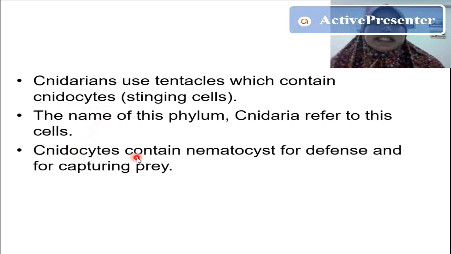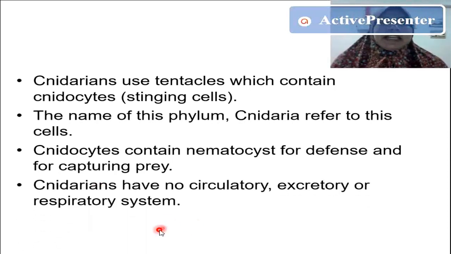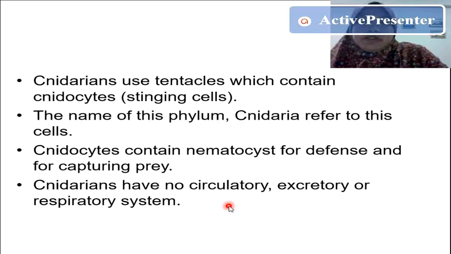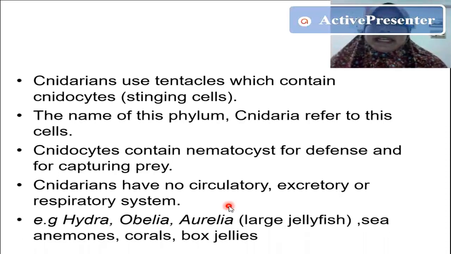Cnidocytes contain nematocysts, which are used for defense and capturing prey. Cnidarians do not have circulatory, excretory or respiratory systems, so they just use diffusion. Examples of cnidarians are Hydra, Aurelia the large jellyfish, sea anemone, corals, and also box jellies.